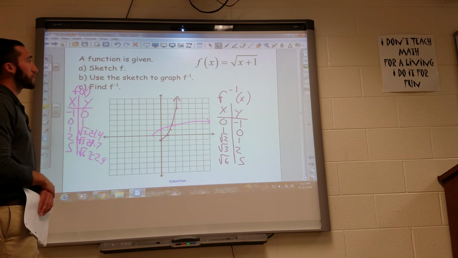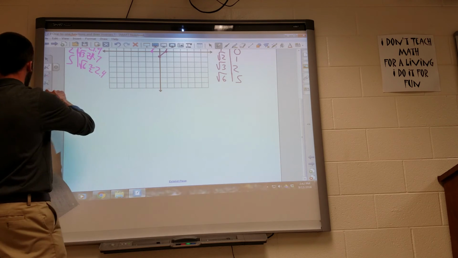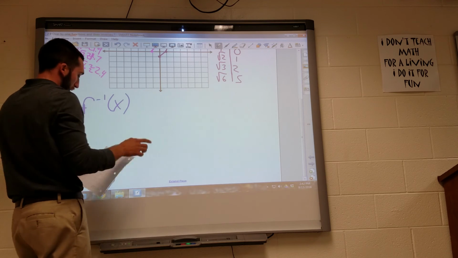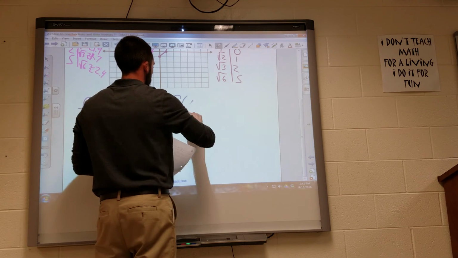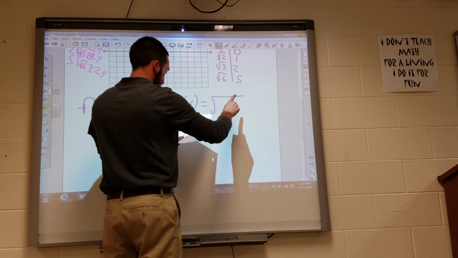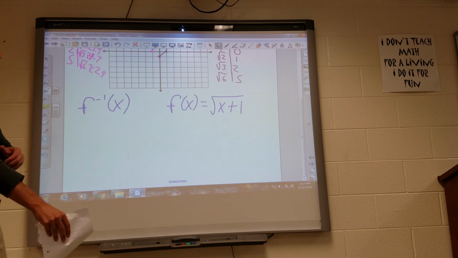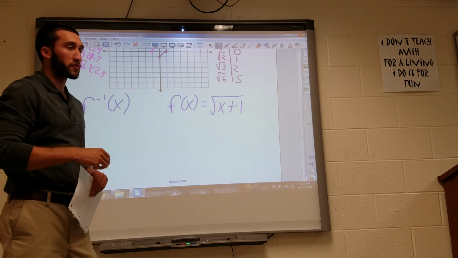Last thing they wanted us to do is to find f inverse. So to find f inverse of x, I'm going to start with my original function, f of x equals radical x plus 1. And to find the f inverse, you switch the x and y values, just like we did up here.